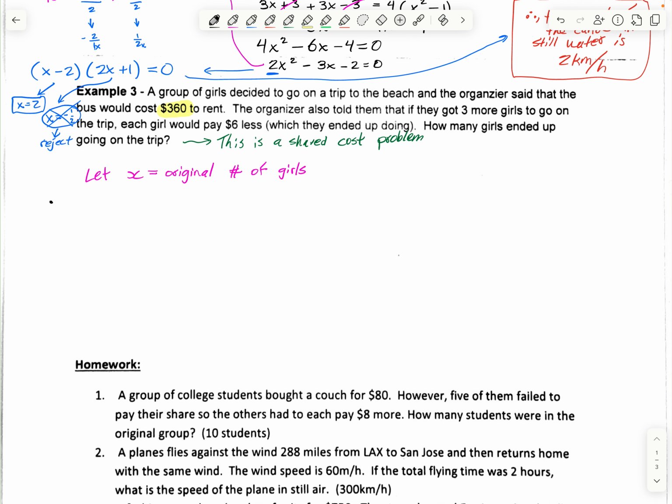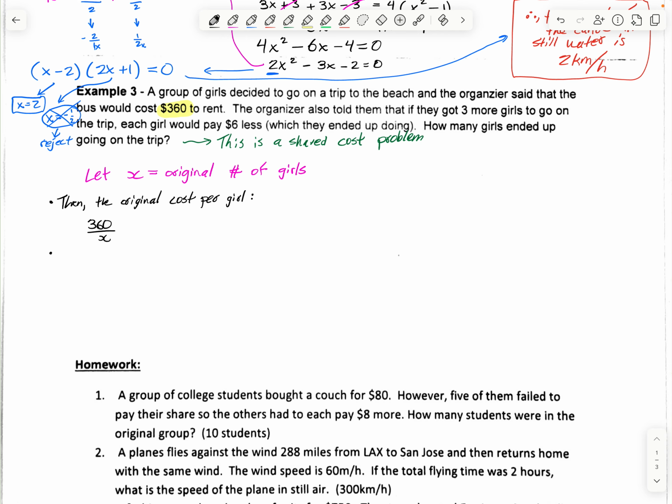The original cost per girl, before the 3 additional girls were added, is going to be the total cost, which is 360 divided by x. Makes sense, right?